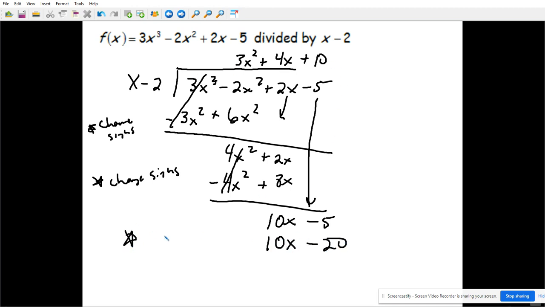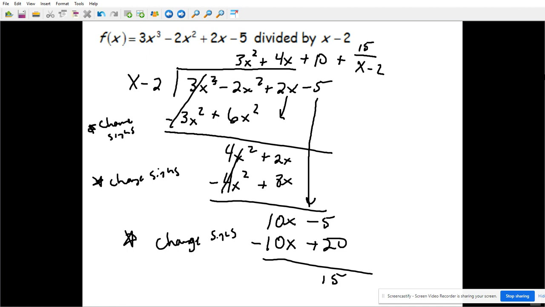I'm going to change the signs. That's a minus, that's a plus, and I'm left with a 15. This is my remainder. So I write my answer as plus 15 over, what did I divide by? x minus 2.